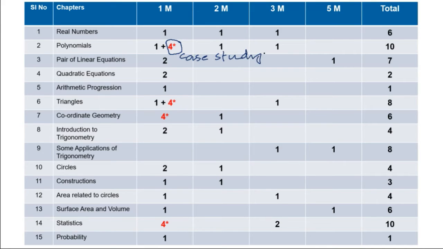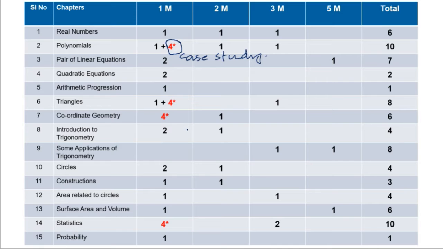They are objective type questions. So a total of 10 marks are allotted in polynomials as well as in statistics. In triangles, there are case study based questions. In coordinate geometry and statistics also, we have case study based questions.